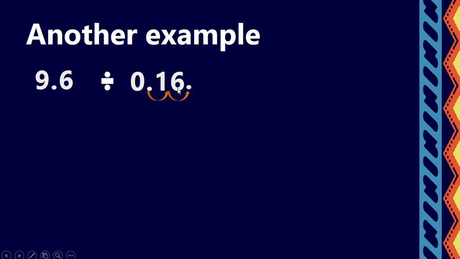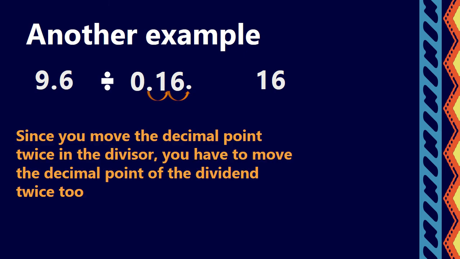Since you moved the decimal point twice in the divisor, you will also move it twice in the dividend. So 0.16 will become 16. For 9.6, you move twice. Since we're lacking one digit, we're going to use the place value holder, which is 0. So 9.6 will become 960.